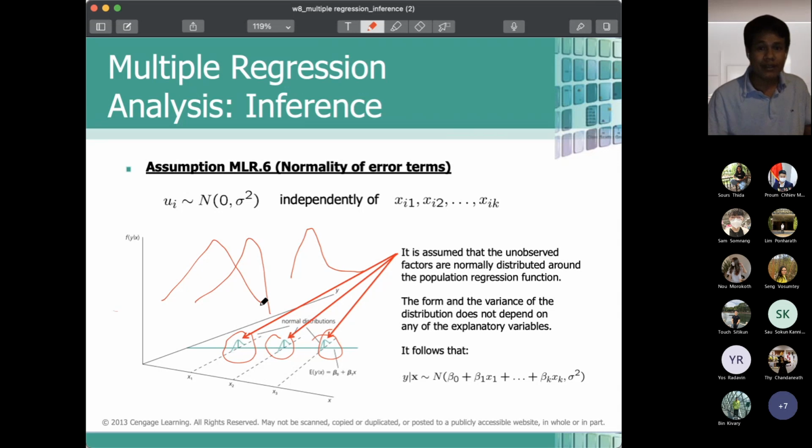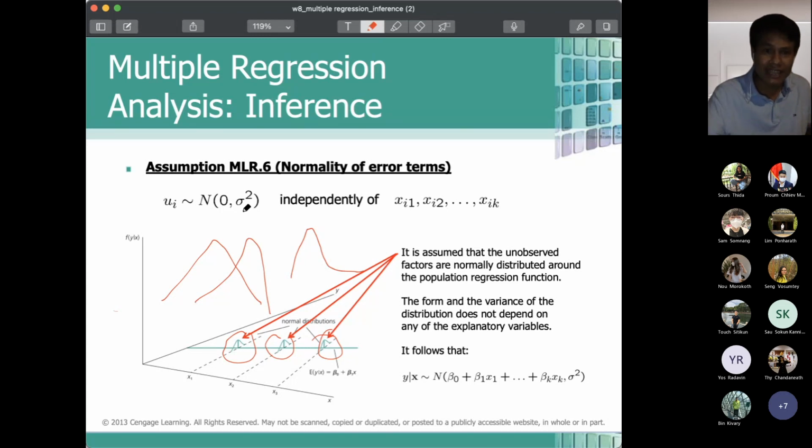All right, so assumption 6 is normality of the error term. We assume that the error term is normally distributed. It is written as follows: the mean of the error term equals 0, and it is independent from any of the x.